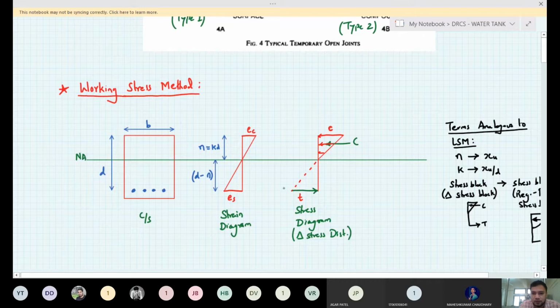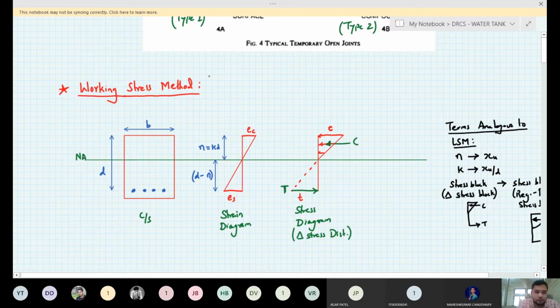We have a T. This is T. Okay, and this is C. So this C and T couple actually resist the external bending moment.